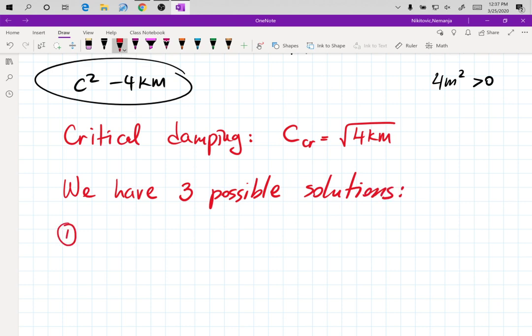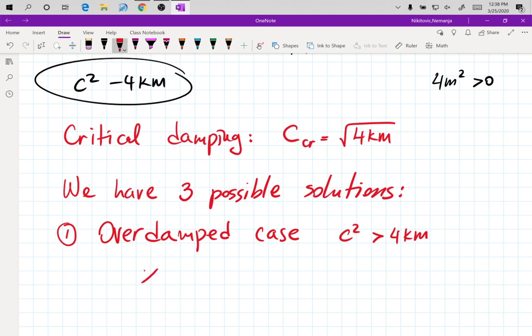Number 1, overdamped case, and that is where c squared is larger than 4km.